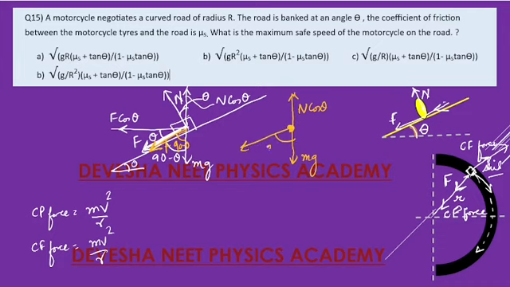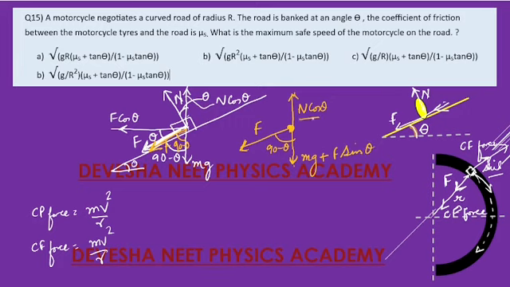So this is 90 minus theta. It means this is F, meaning mg plus the component of the force along this line. This will be F cos of 90 minus theta, which will become F sin theta.